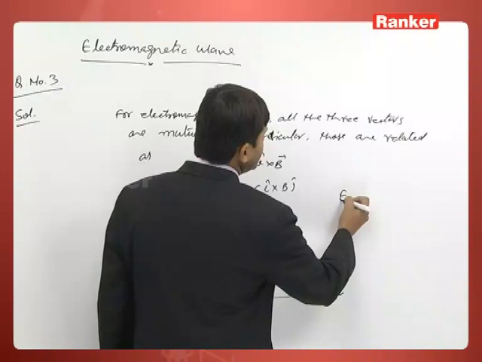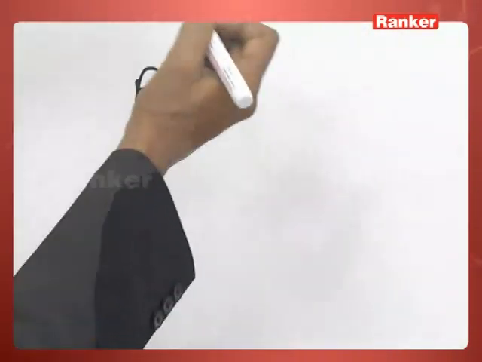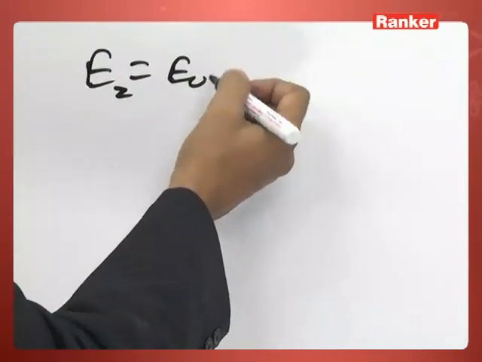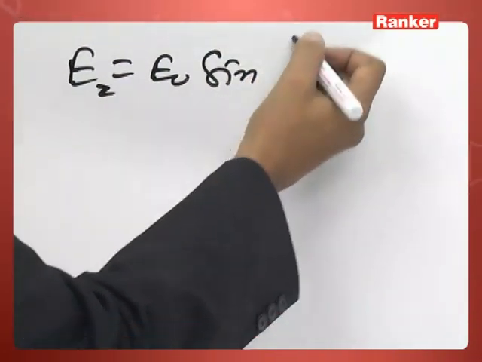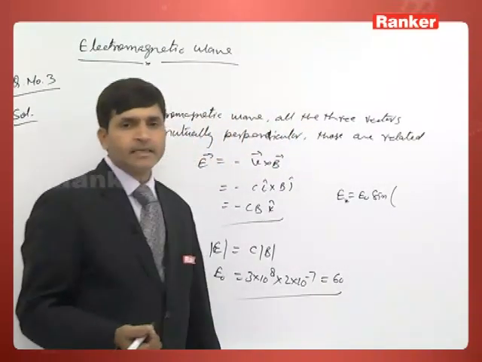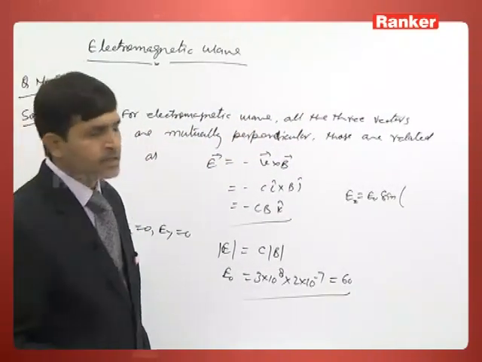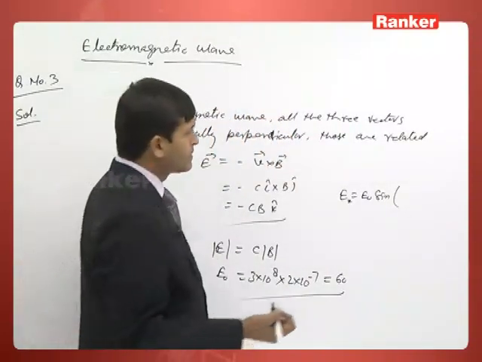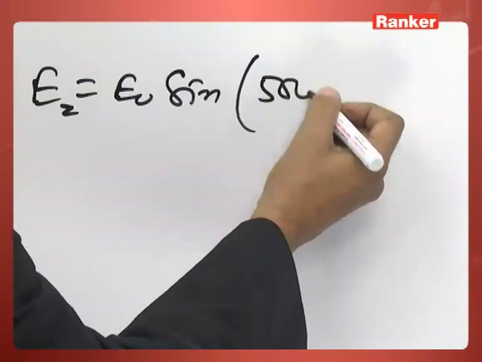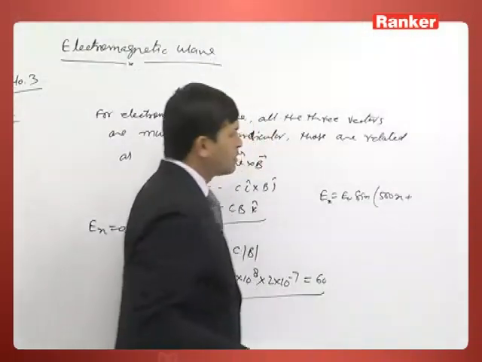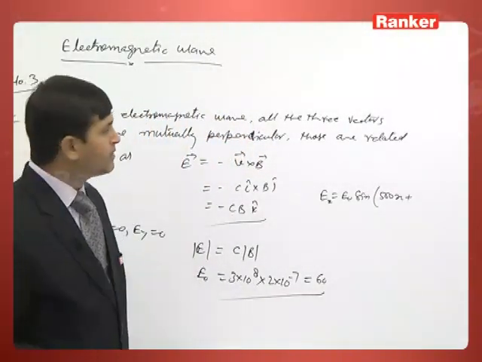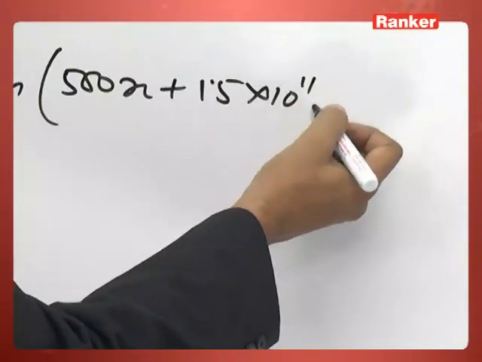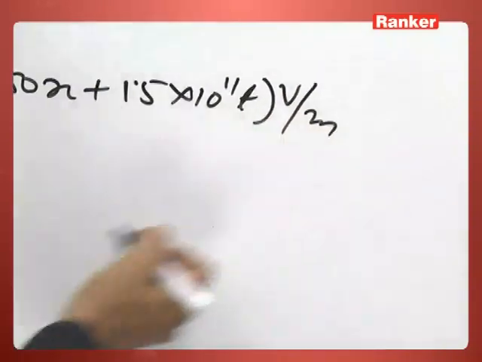So now E is equal to Ez actually. Ez is equal to E naught, and now sine, as the same term we are using here, kx plus omega t. The k value here is given as 500, 500x, plus omega value given as 1.5 into 10 to the power 11, t volt per meter.